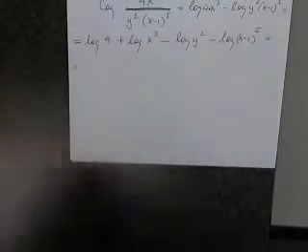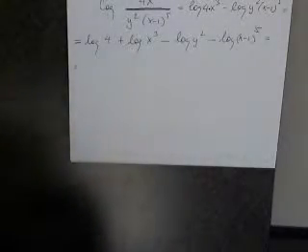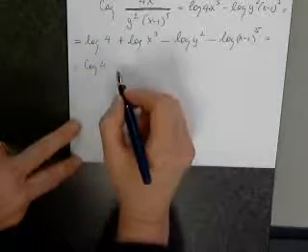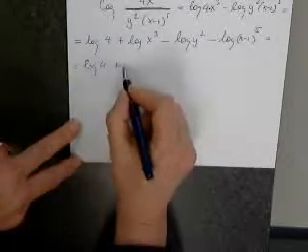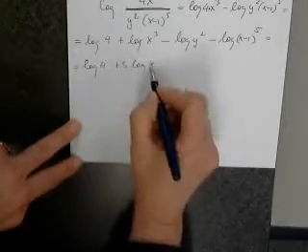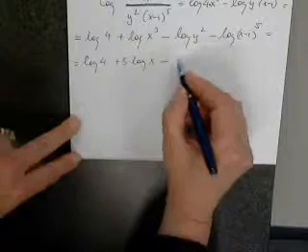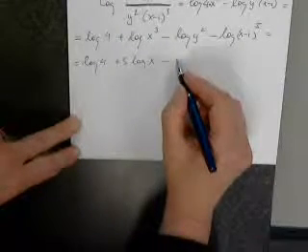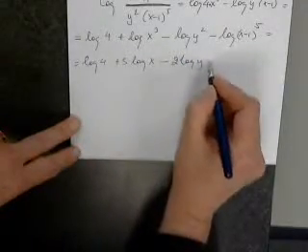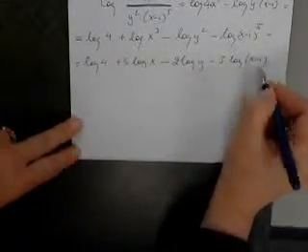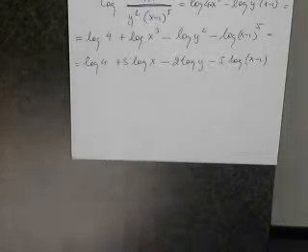Now, final step. So I use the power rule now. So log 4, and then plus 3 log x minus, very good, minus, please do not attempt to do anything to log (x minus 1).